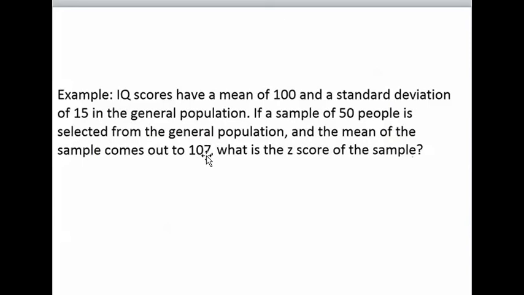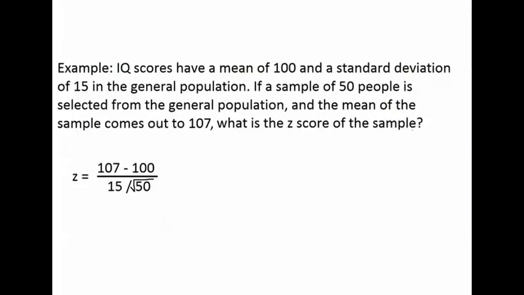To answer this question, we have to turn the sample mean of 107 into a z-score. We can do that using the z-score formula. We just have to subtract the sample mean of 107 by the population mean of 100, and then put the standard error on the bottom. The standard error is just the population standard deviation of 15 divided by the square root of our sample size of 50.